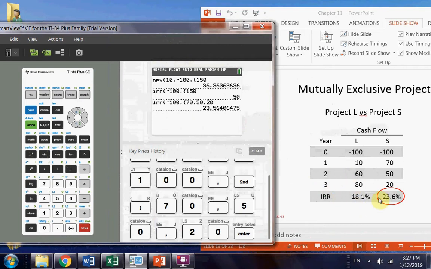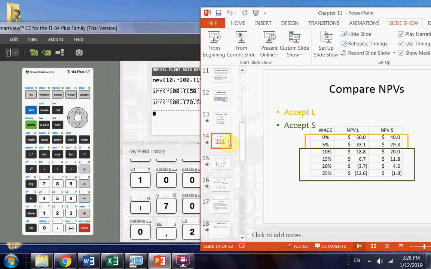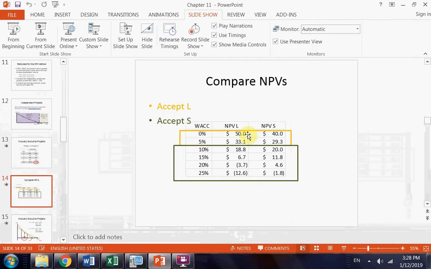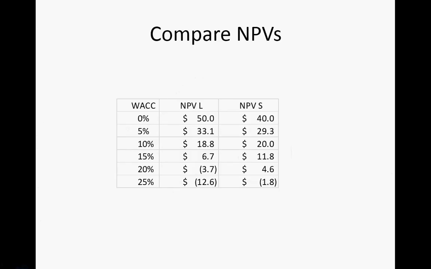Based on the IRR, you would choose project S, that's for sure. However, if you use NPV as the criteria to make the judgment to see which one is better, you would reach a different conclusion. And here is when you have a different discount rate, a different WACC.